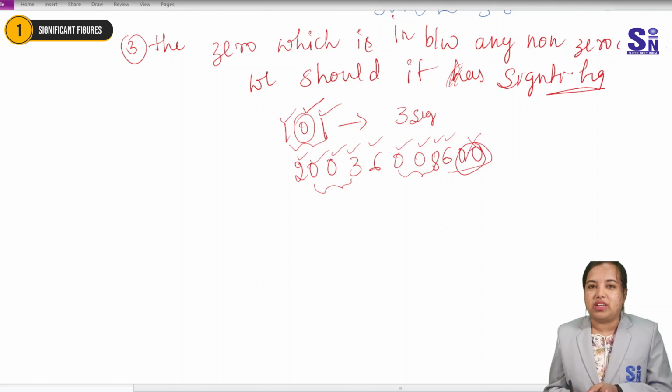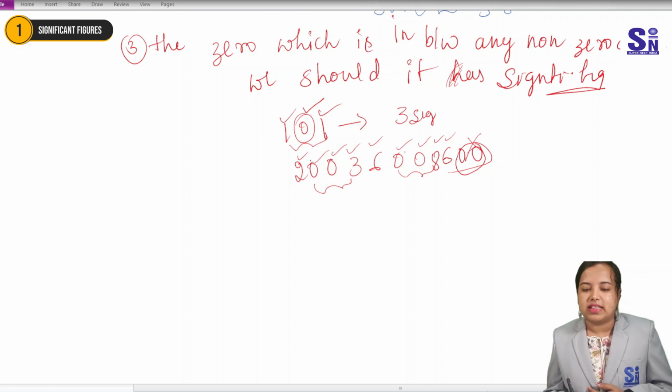Only in between, whenever you find zeros in between any two numbers, you should consider that also as significant figures. Okay, so 1 2 3 4 5 6 7 8 9, there are 9 significant.